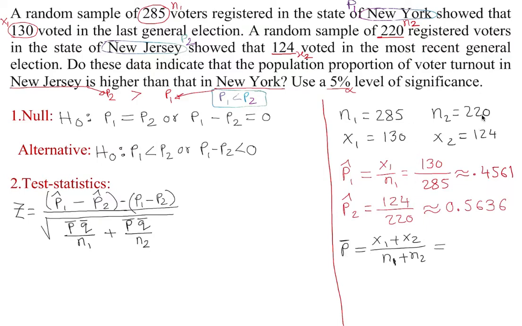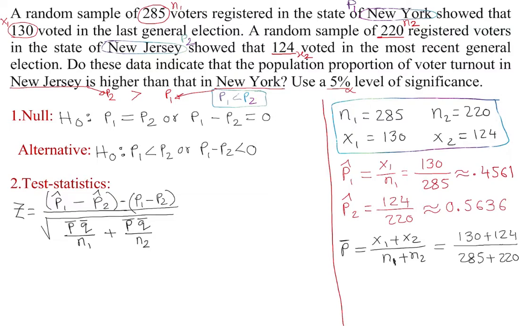All the information is here, so if we substitute, 130 plus 124 over 285 plus 220.